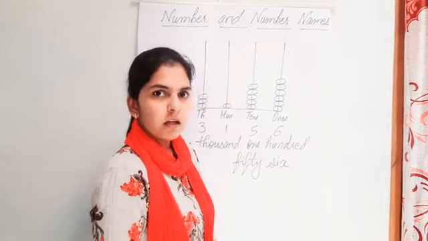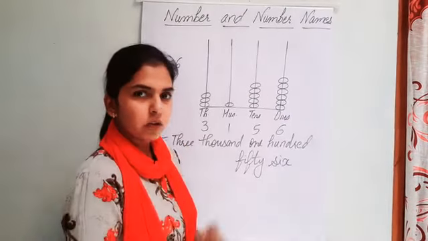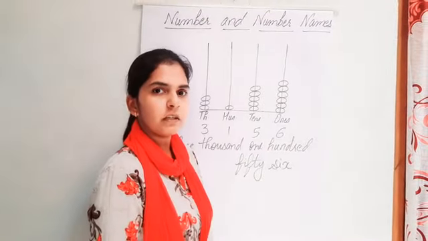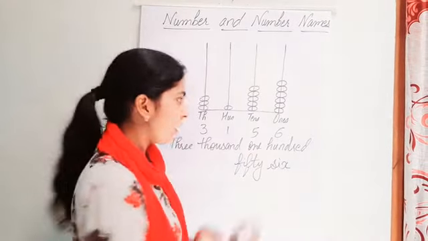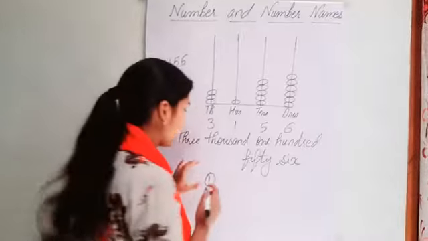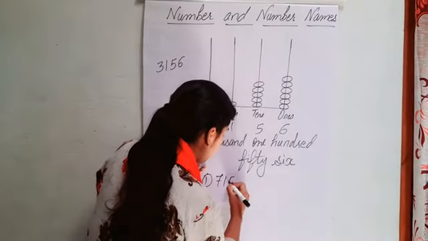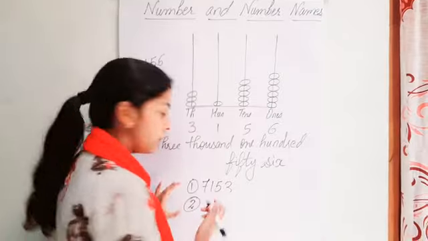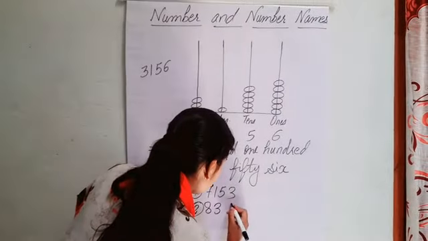Okay students. Now I am giving you some numbers and you have to represent them on spike abacus. So the first number which you have to represent on spike abacus is this one. Second number is 8,350.